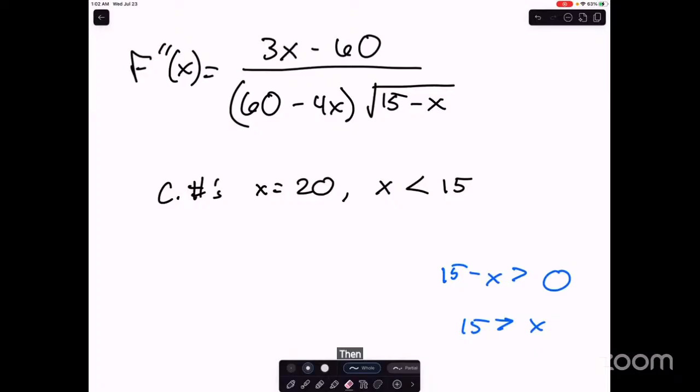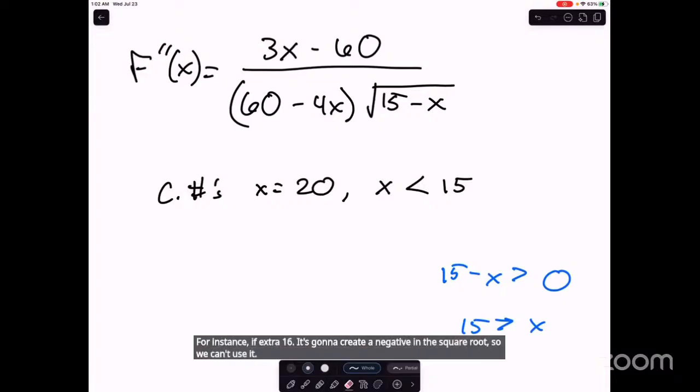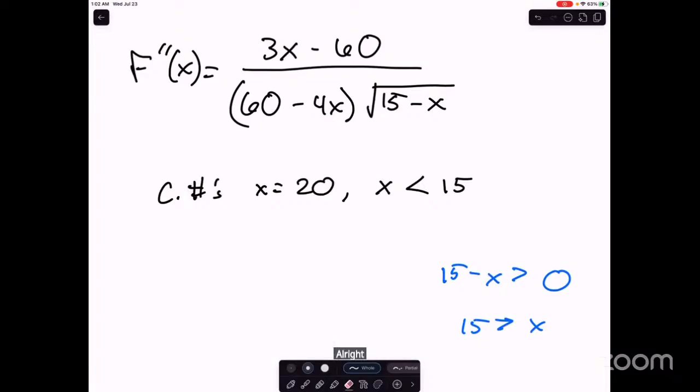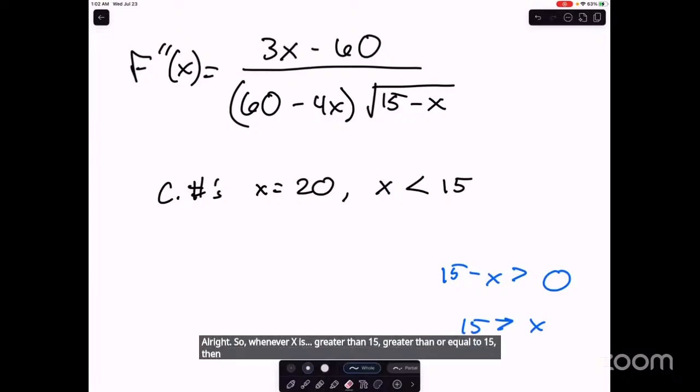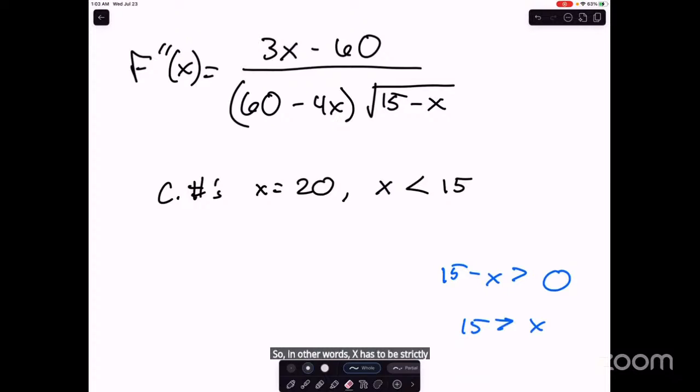For instance, if x were 16, it's going to create a negative in the square root, so we can't use it. So whenever x is greater than or equal to 15, we have to throw those out. In other words, x has to be strictly less than 15.